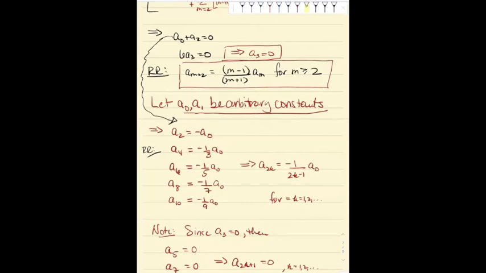Maybe I should write that down. Okay, so this is the m equals 2 case to give you A4 in terms of A2. I know what A2 is, I go back and plug in, and I'm just giving you the results here. You should verify these. This is the m equals 4 case, the m equals 6 case.